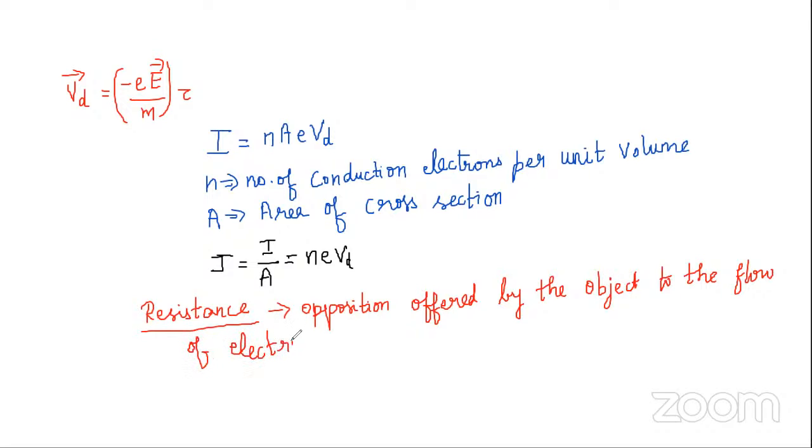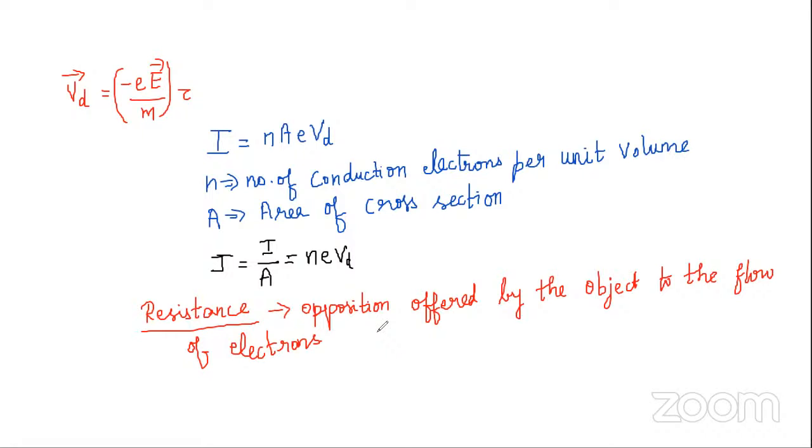Even if you apply some potential difference to a conductor, it is not easy for electrons to move inside the conductor, because inside the conductor there are many positive ions, and when the electrons start moving, they start colliding with the positive ions. In that way, the conductor offers some resistance to the flow of electrons.